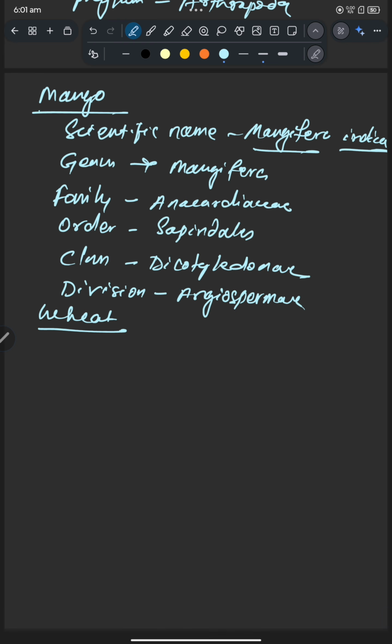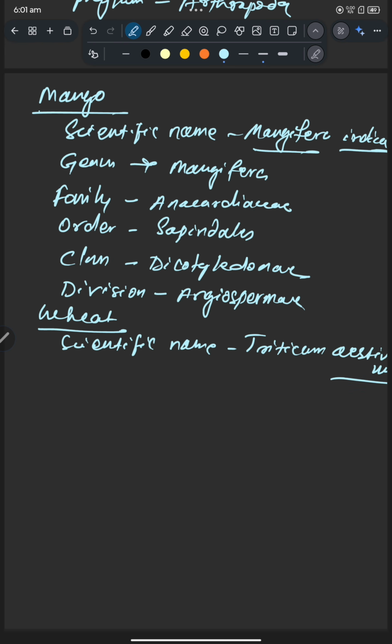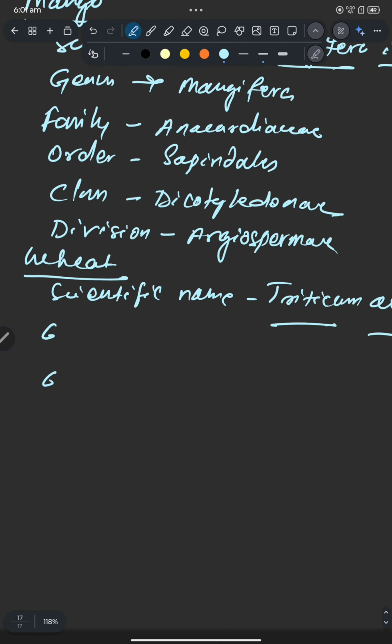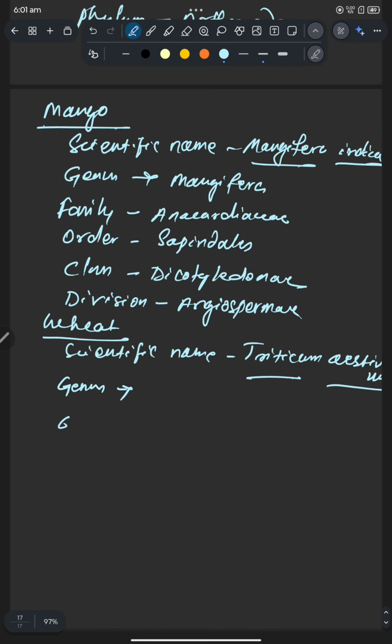Okay. Then another plant example is wheat. Its scientific name is Triticum aestivum. Underlined. Then genus is Triticum.